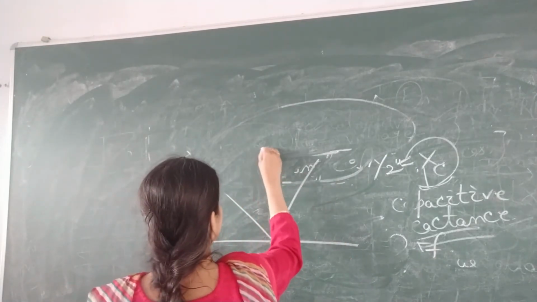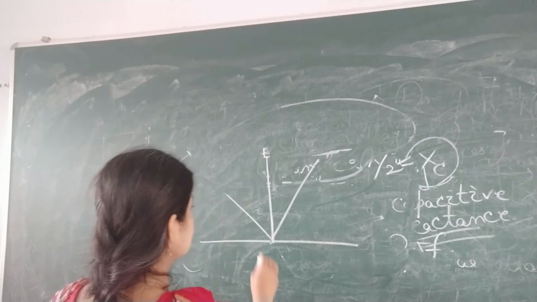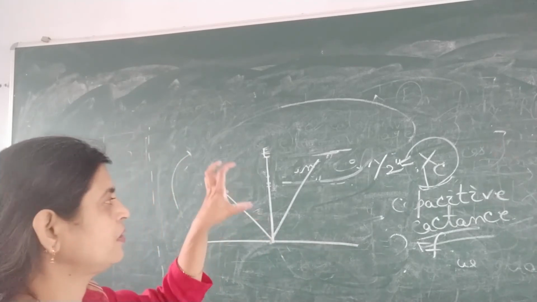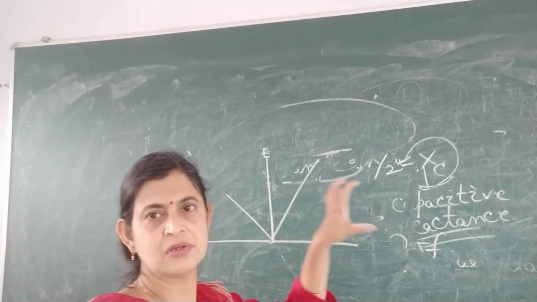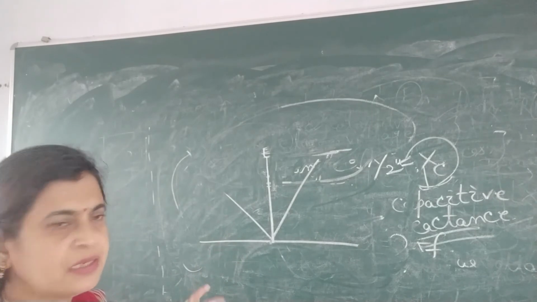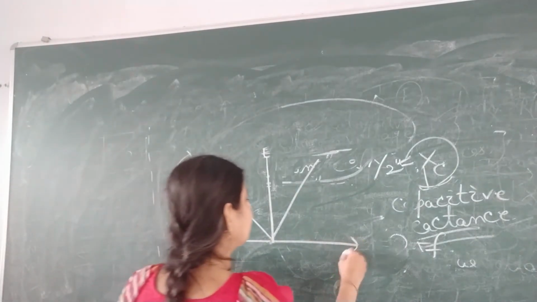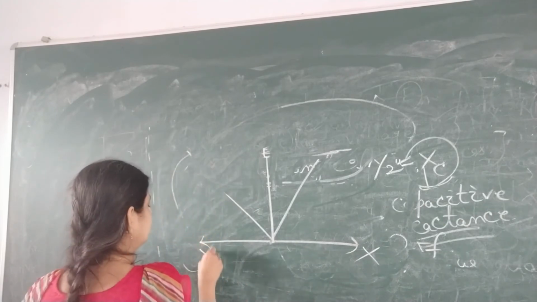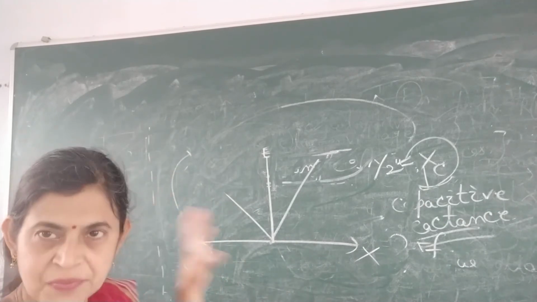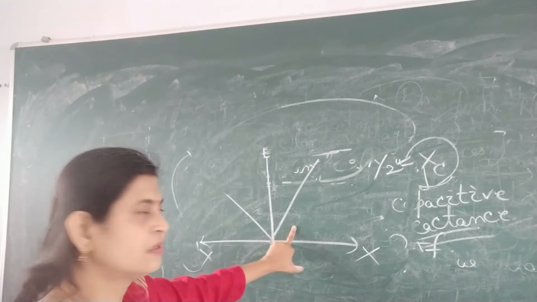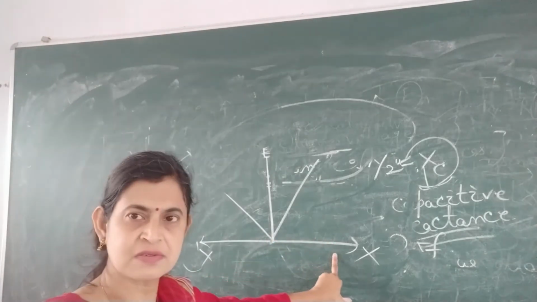So suppose the angle between your current and voltage will be 90 degree, and the EMF will make an angle of omega t with your x-axis.